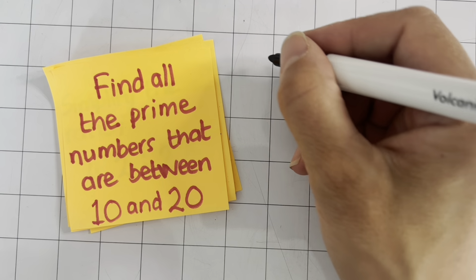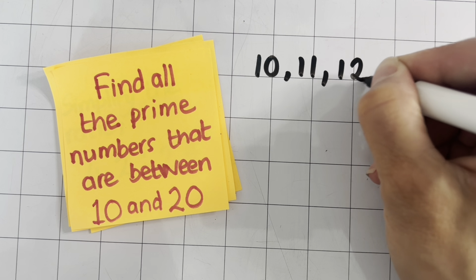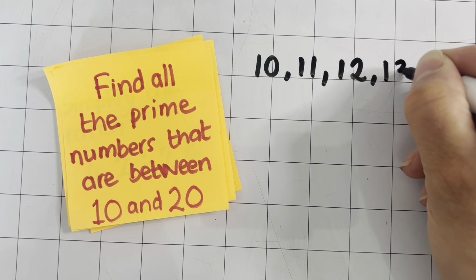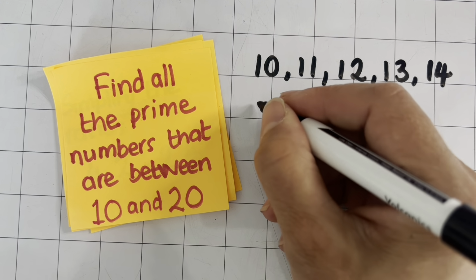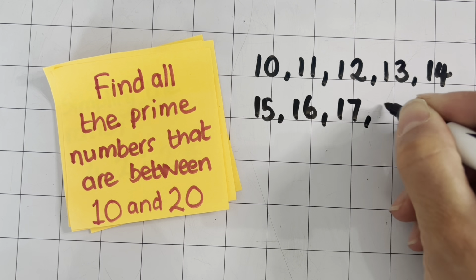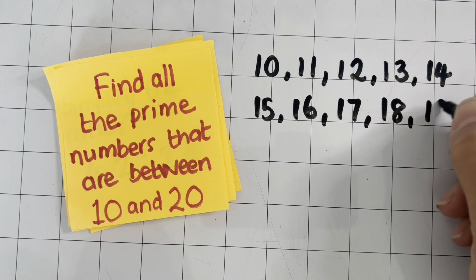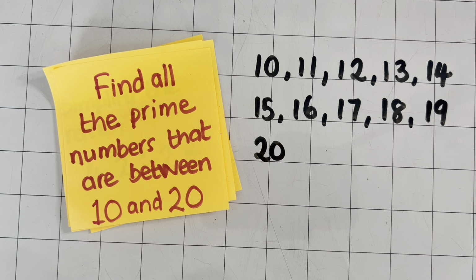Question 6 tells us to find all the prime numbers that are between 10 and 20. So if we look at all of the numbers between 10 and 20, we need to consider which numbers have more than 1 and themselves as their factors.